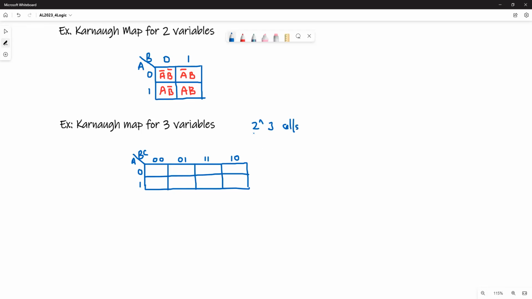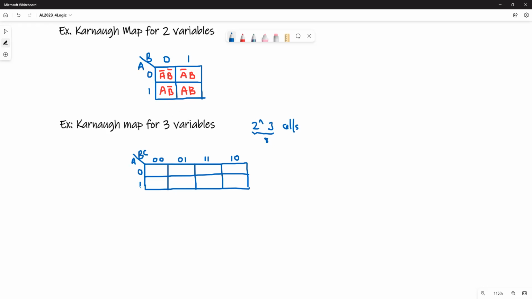That means 8 cells. So this is how we have it. On one side we have A, and on the other side we have B, C. So here we have 2, and here we have 4. So 2 times 4, we will get 8. And this represents all possible combinations.